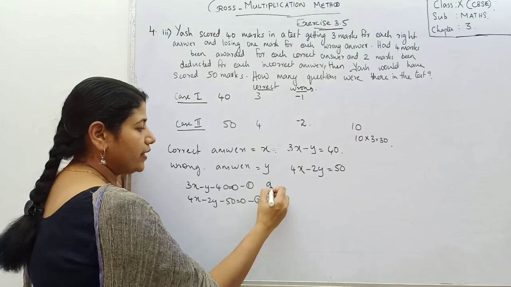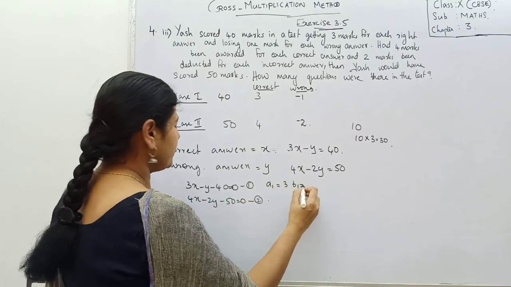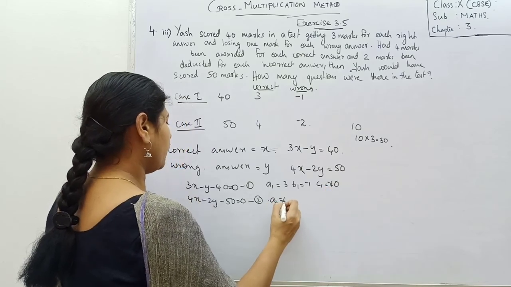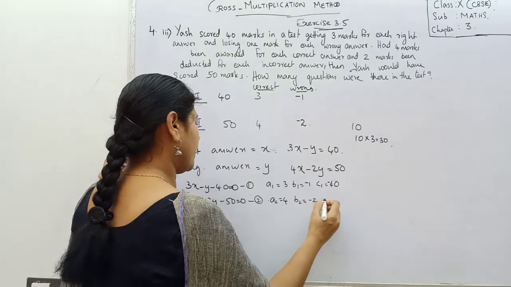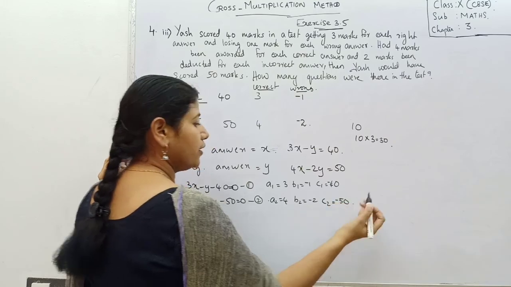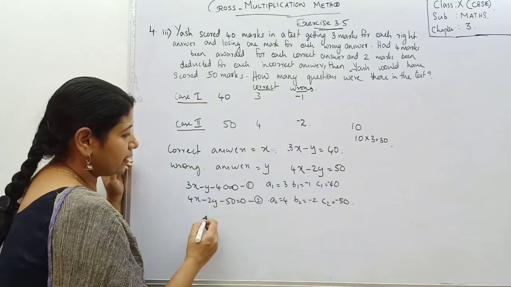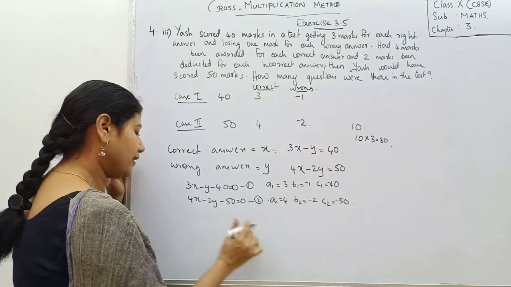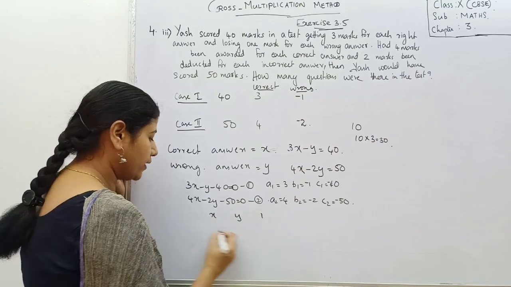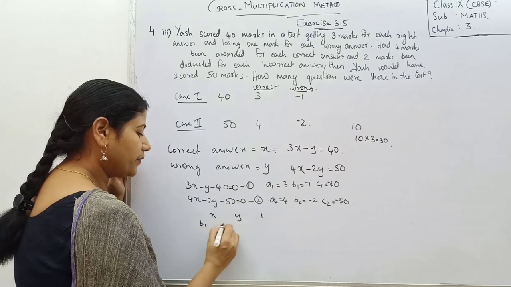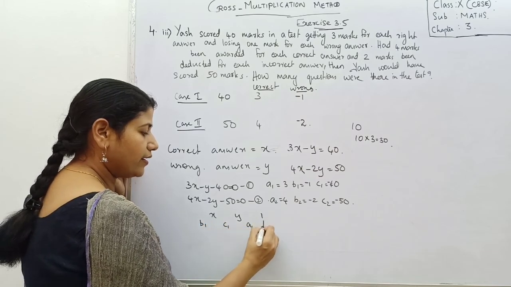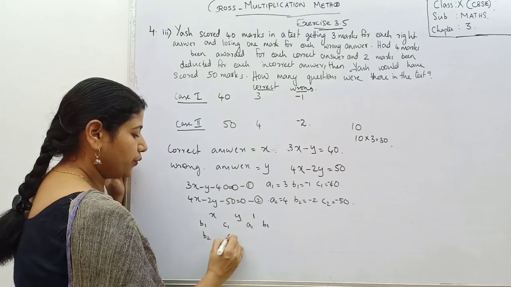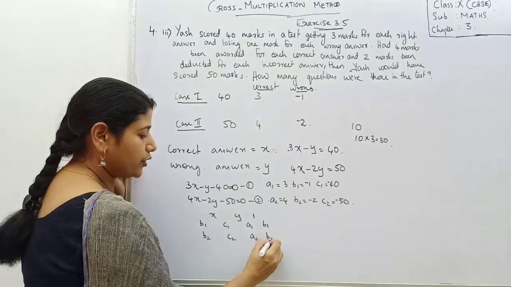So here a1 is 3, b1 is negative 1, c1 is negative 40, a2 is 4, b2 is negative 2 and c2 is negative 50. We have the cross multiplication method: x, y and 1 over b1 c1, a1 b1, b2 c2, a2 b2.